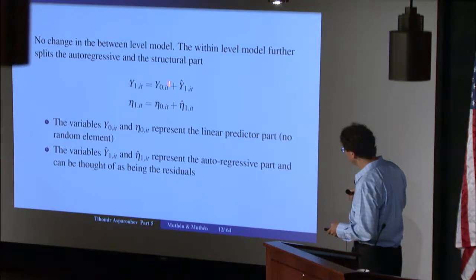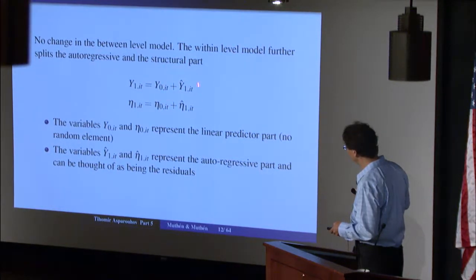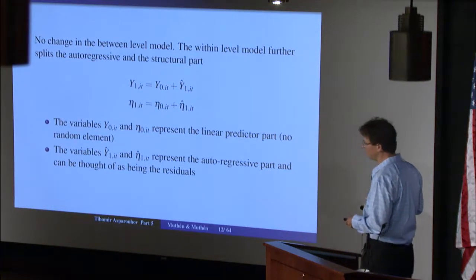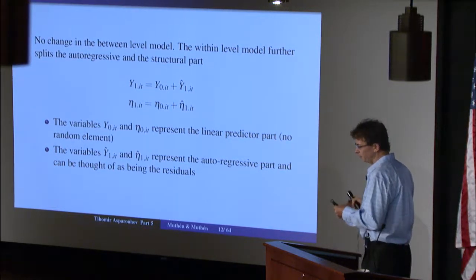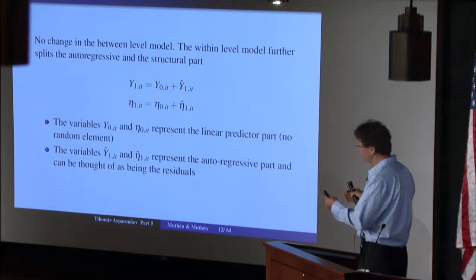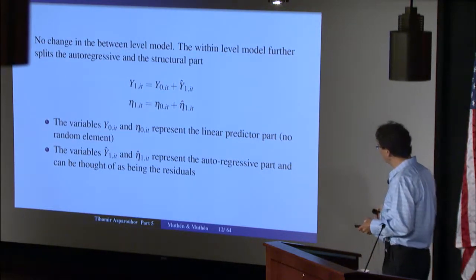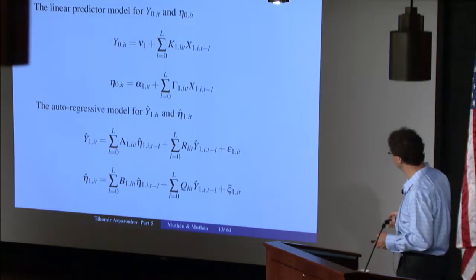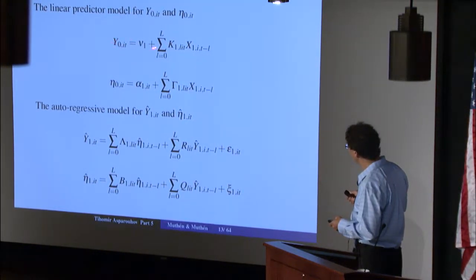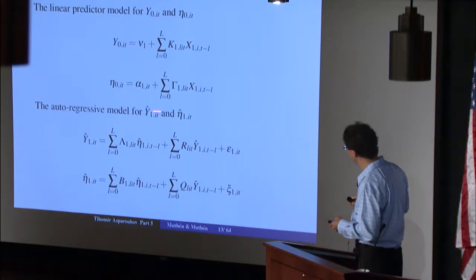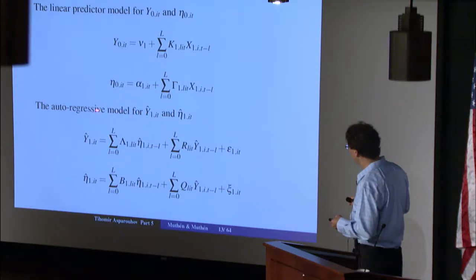This level will contain the structural part of the variables, and this will be the autoregressive part of the variables. And we basically wanted to separate, there was a lot of interest in separating the predicting part of the equation from the autoregressive part of the equation. And so the equation now on the within level looks like that. So the level 0 part contains the prediction portion of the equation, and the autoregressive part of the equation is now separated.